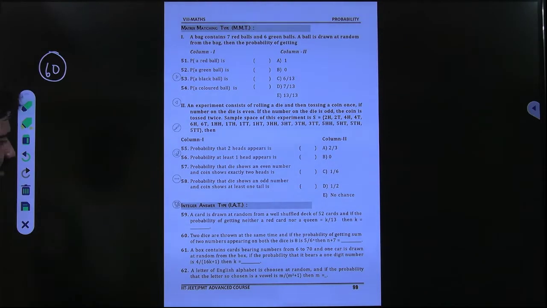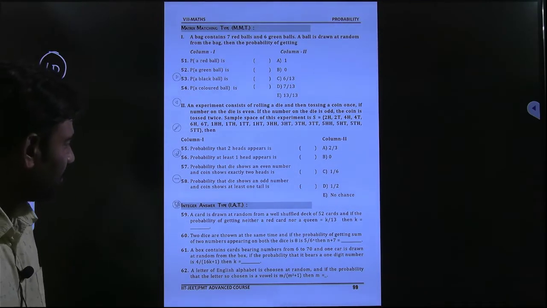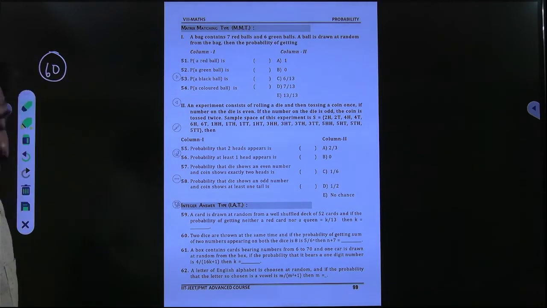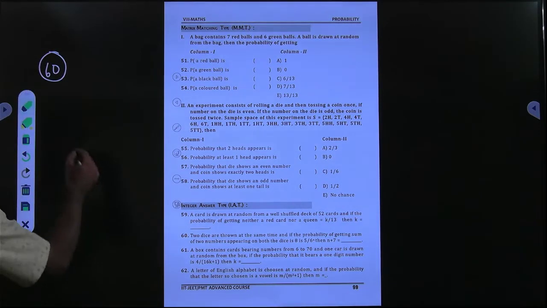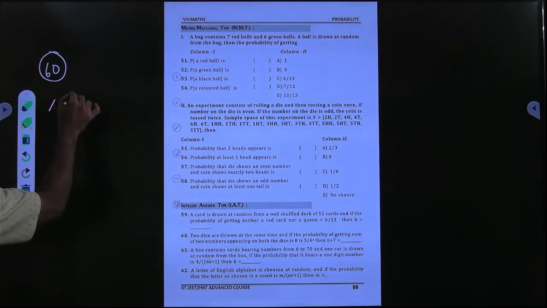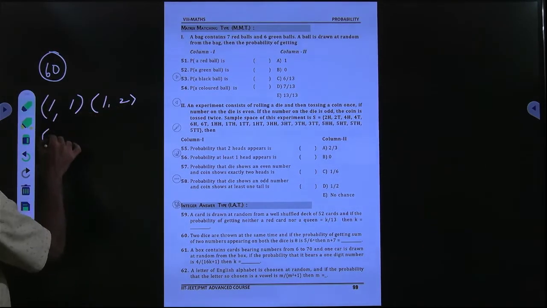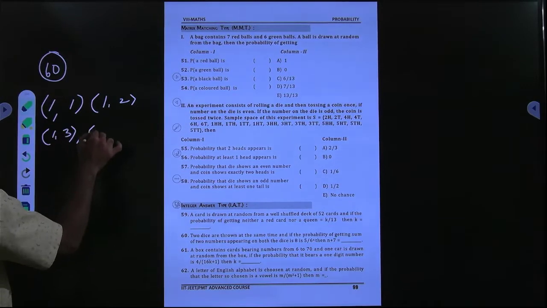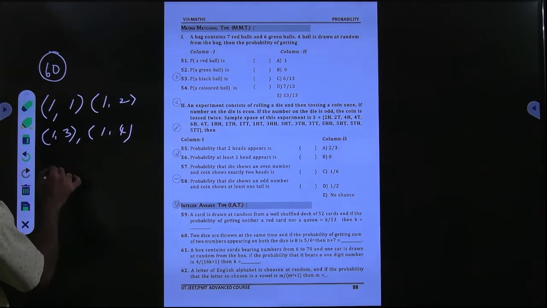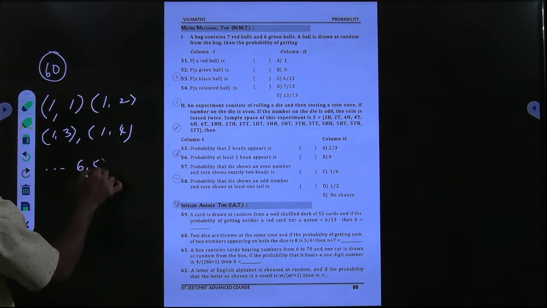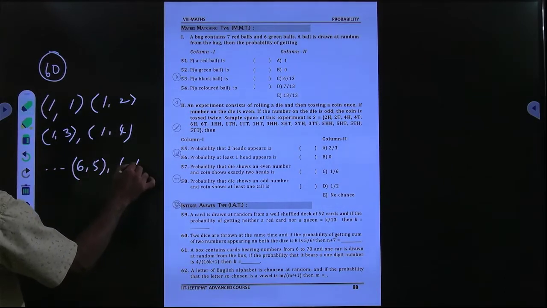But your condition is what? The sum of the counts on both dice should be 8. First of all, what are the possible outcomes? 1 1, 1 2, 1 3, 1 4 and so on, up to 6 5, 6 6.